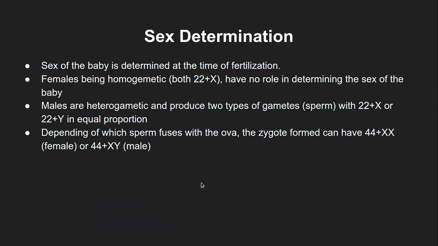Now after fertilization, this part I will just quickly go over. Males can produce two types of gametes, that is 22 plus X or 22 plus Y, most importantly in equal proportion, because one primordial germ cell will split into four of these sperm gametes.